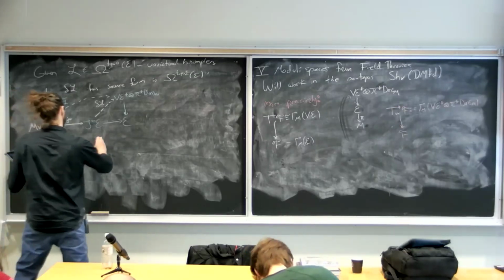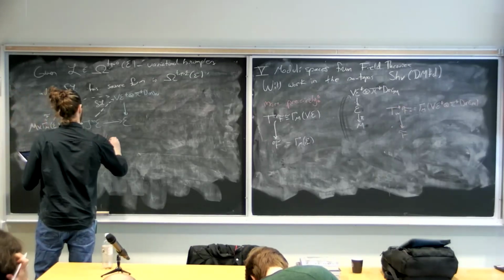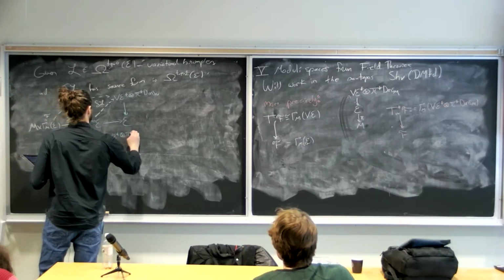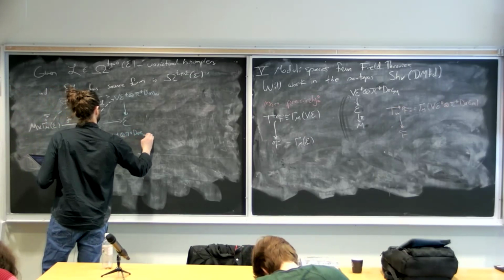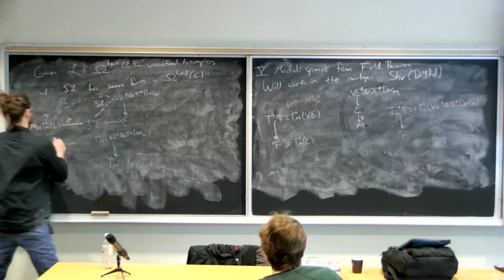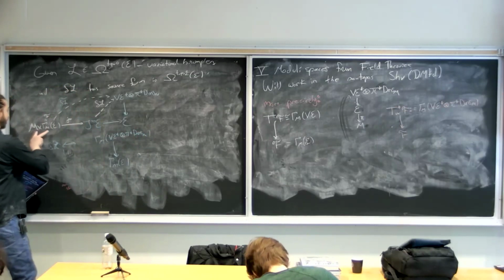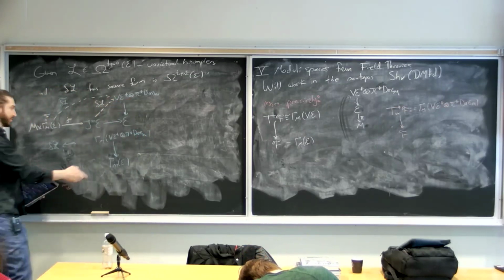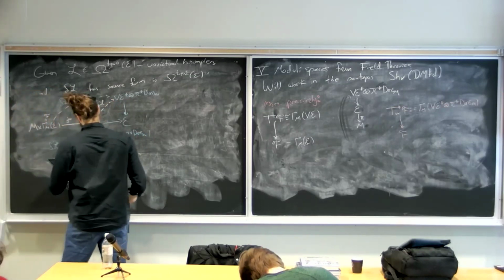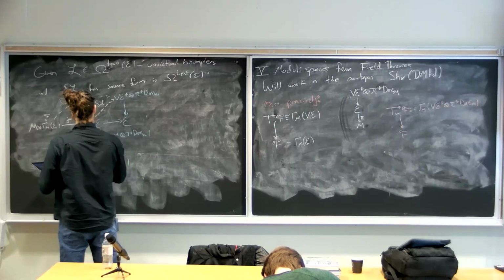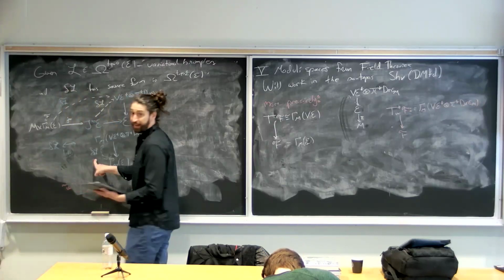This corresponds to a section of the dual tensor pi star density M over sections of E, right? So I'm just looking at a map from M cross something into here, and a map like that is just a section. So it's a section over this, which by abuse of notation I'll still call tilde L.